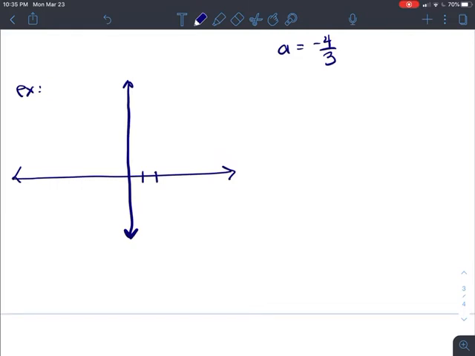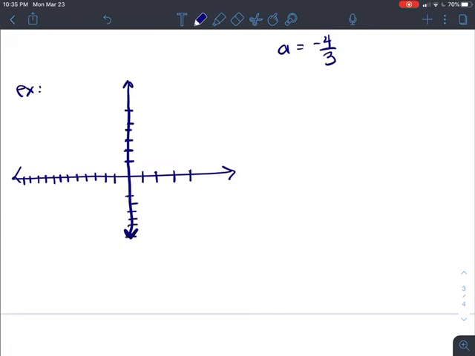So 1, 2, 3, 4. 1, 2, 3, 4, 5, 6, 7, 9, 10, 11, 12. There is much more on the left side of our x as they've drawn for us.